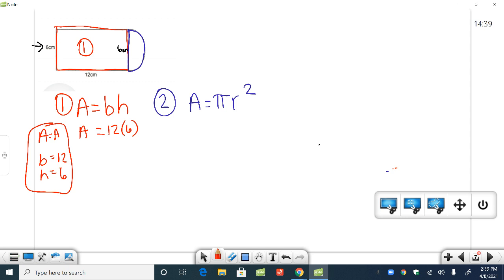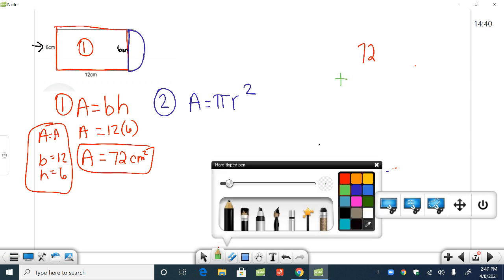It's not required, but I do strongly suggest it, especially if you're looking for the base and the height of something, or base 1 of a trapezoid and things like that. So this is just 12 times 6. And whenever you multiply those two together, you get 72 centimeters squared. We know we're going to need to add that in the end, so that's 72 centimeters squared. We're going to need to add it to whatever our shape number 2 is.